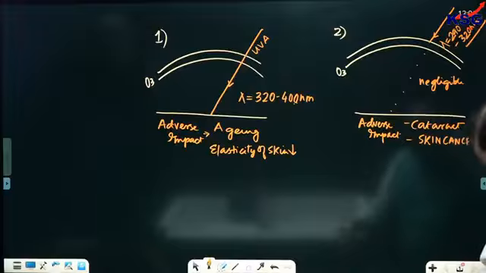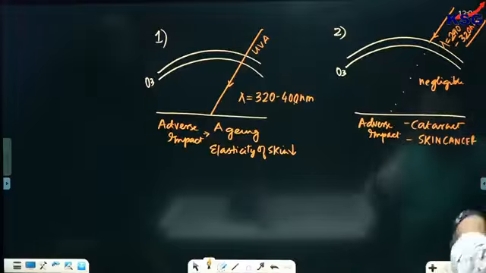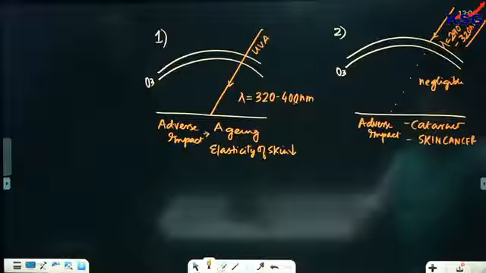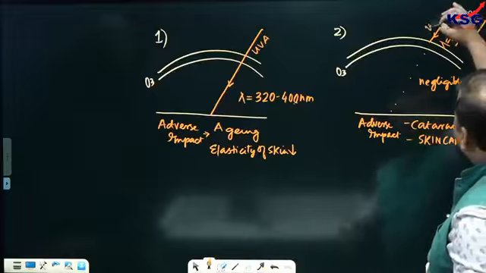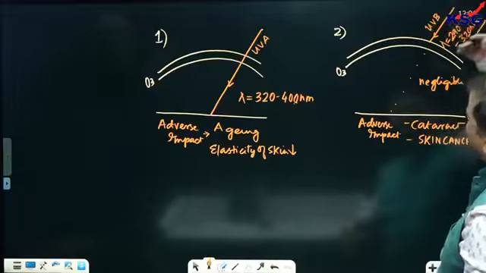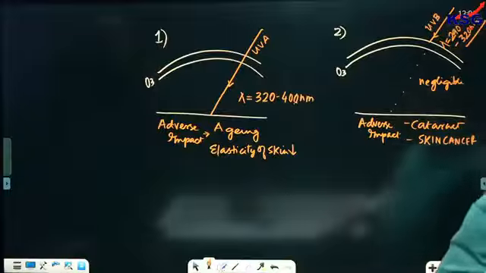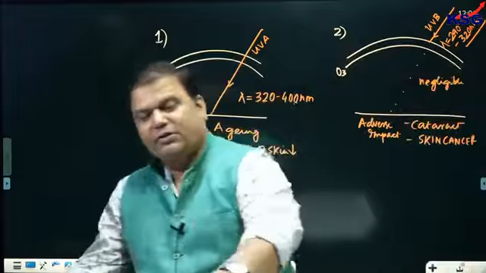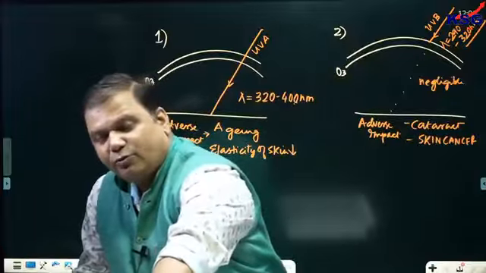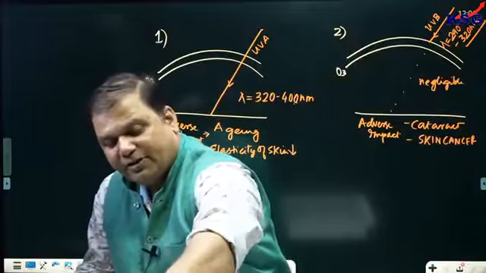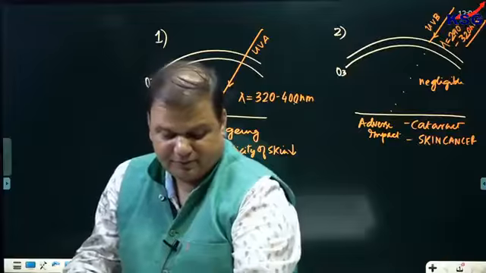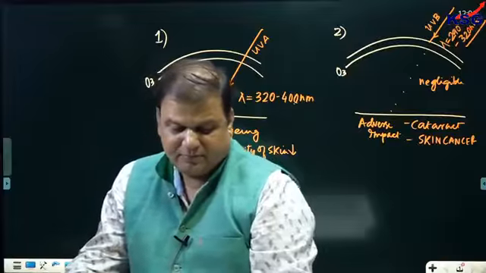So that's the wavelength of this radiation, which is called UVB. In the limelight of the depleting ozone layer, this is a matter of concern. Why? Because it would be reaching the surface of the earth in greater abundance, and this would be responsible for the adverse impact that we know.